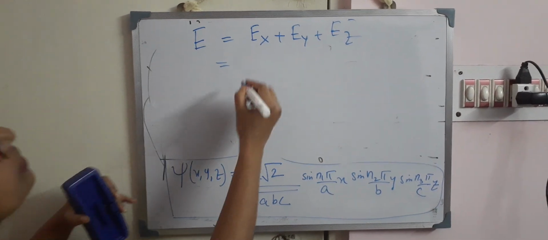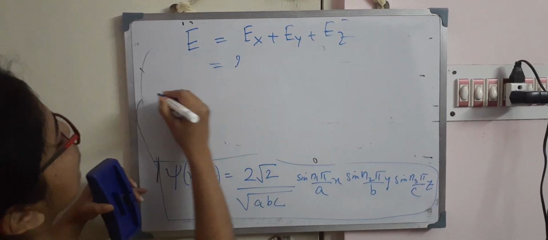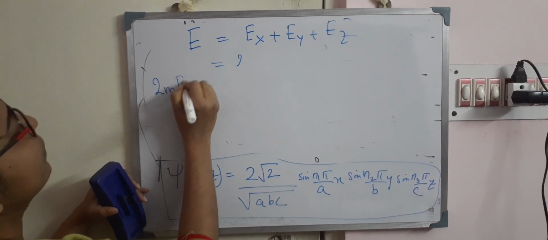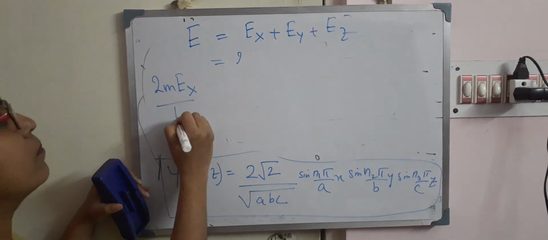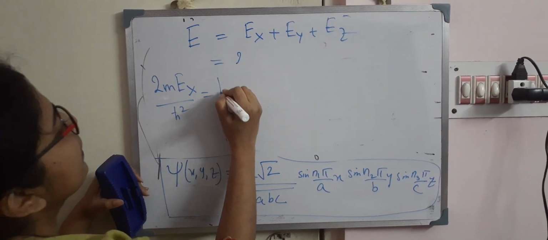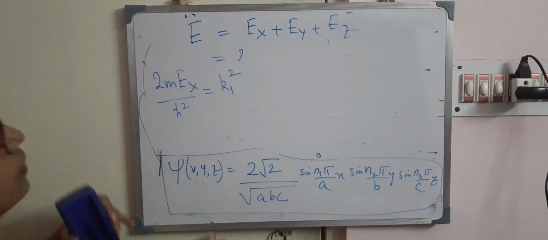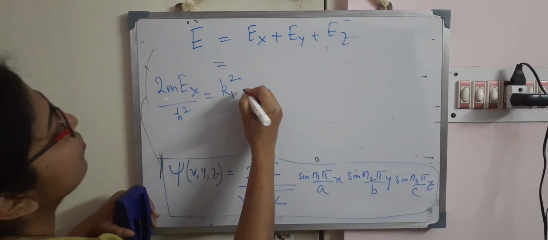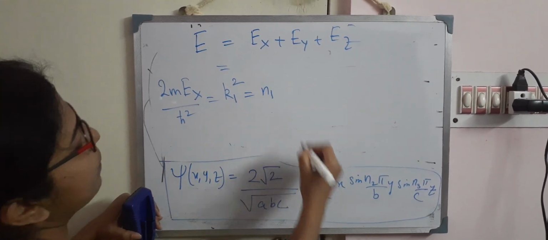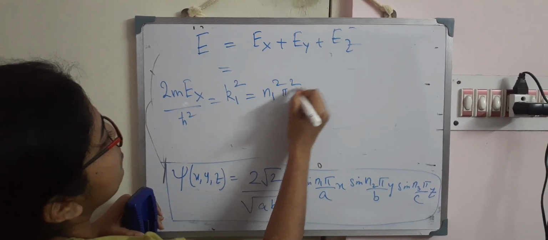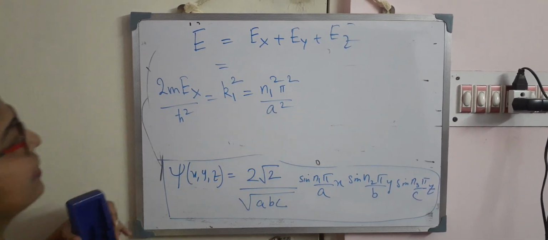So for Ex, we have written 2m Ex by h cut square is equal to k1 square. Now k1 we have got is n1 pi by a, so n1 square pi square by a square.